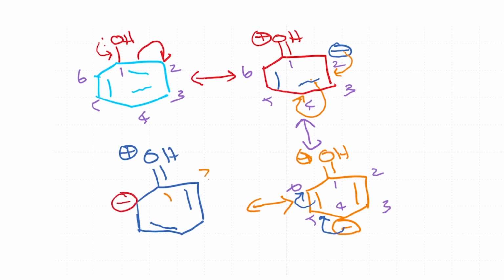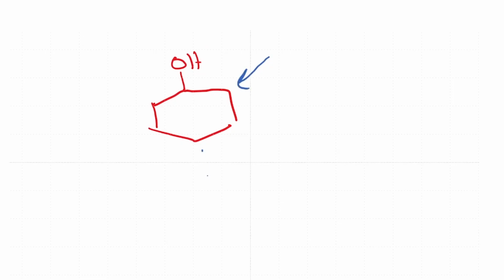Okay, so if you see the structures, the negative charge is localized in the resonance forms at positions 2, 4, and 6. So here with the phenol, the negative charges are here, here, and here, as per the resonance forms.